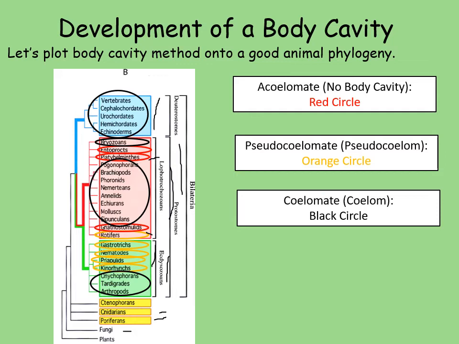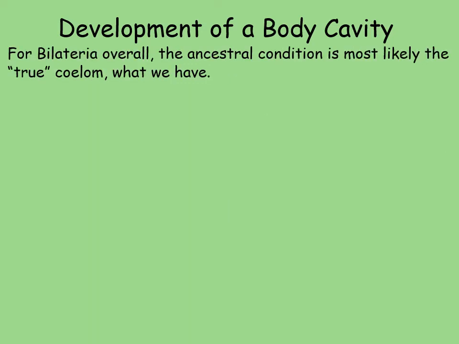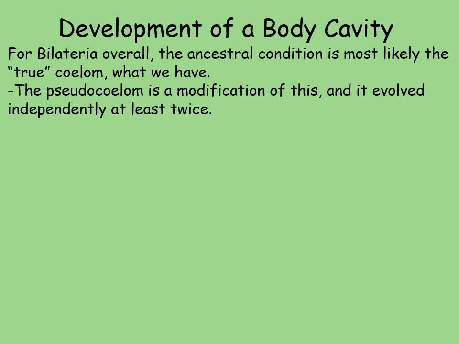So if you're good at thinking about parsimony, when you look at that phylogeny, the fact that all of these different, not very closely related groups of animals have a true coelom like us, that leads us to the conclusion that the ancestral condition for bilateria was most likely the true coelom, the type of body cavity that we have. That's the most parsimonious explanation.